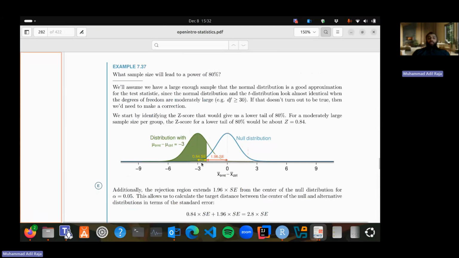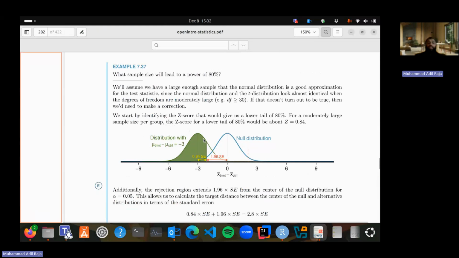So this difference is 3, because this is centered on -3 and this is centered on 0. So 0 minus 3 is -3, or you can call it +3 or -3. So this difference is 3.